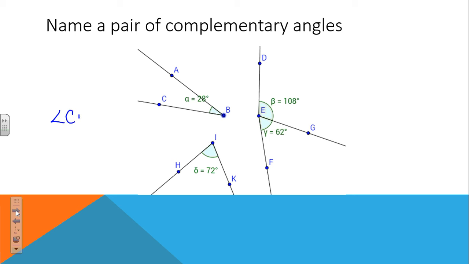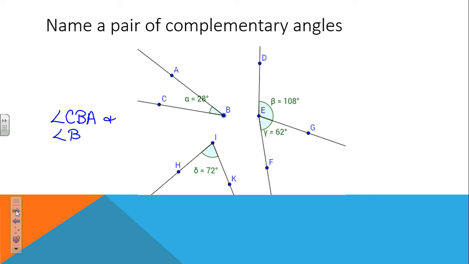Why did he name that correctly? C had to be the middle, right? Could he have called it just plain old angle C? Why? How many angles are here? Just 1, right? So he could have called it, sorry, it said C, I meant B. He could have called it angle B as well, right?